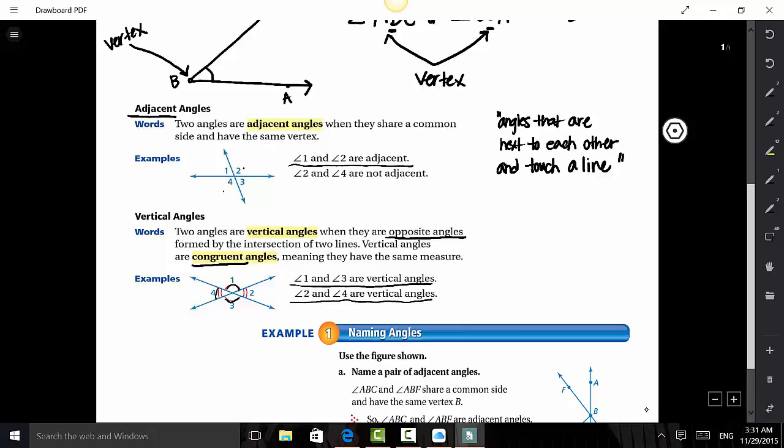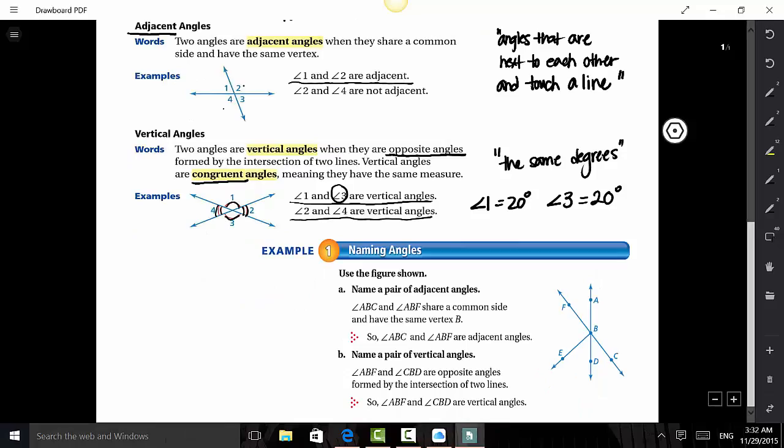They are congruent. If angle 1 is 20 degrees, because angle 3 is vertical to angle 1, angle 3 should also be 20 degrees. They have to be the same.